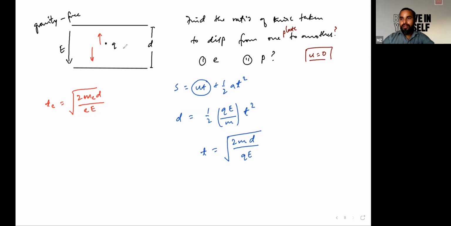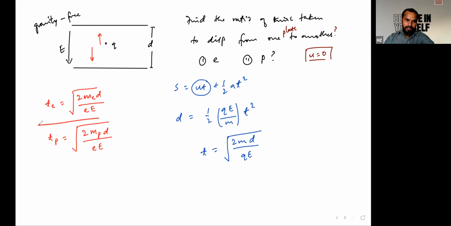So they will differ only in sign, but the value of time taken will depend upon these parameters. Similarly, for calculating time for proton, it would be 2 times mass of proton into d divided by charge, where the charges of electron and proton remain the same.